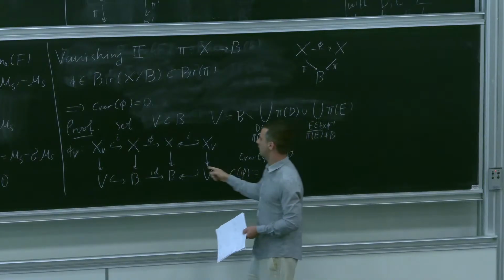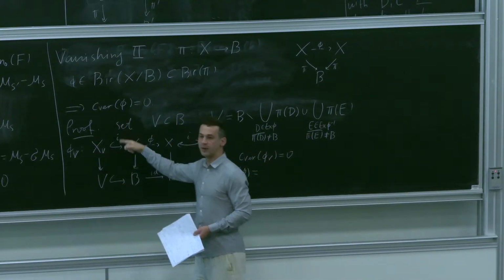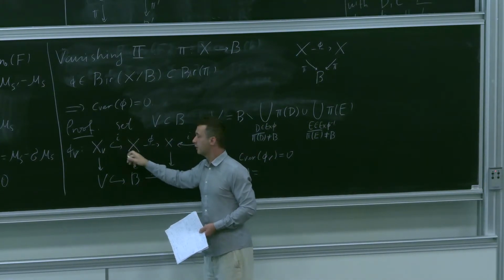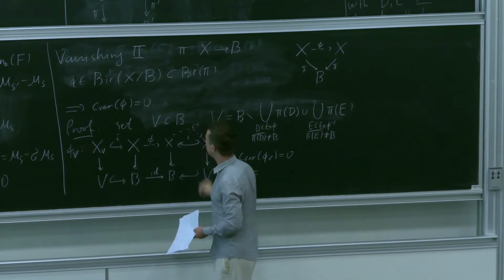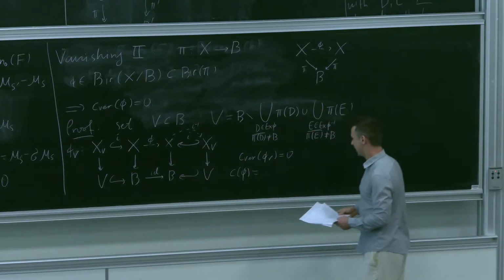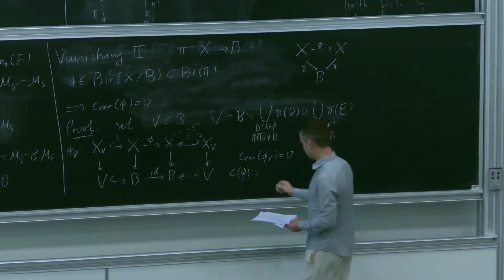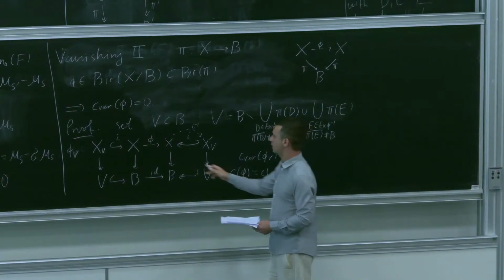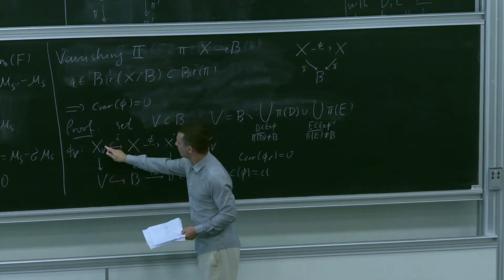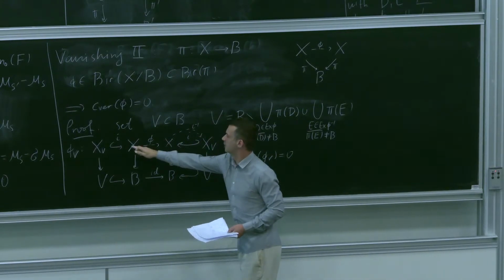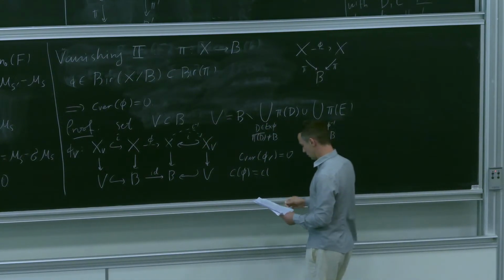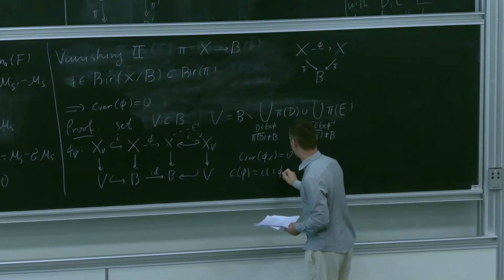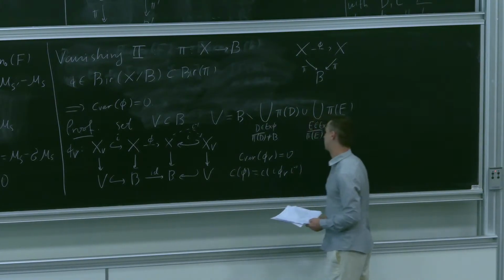Specifically, you can relate phi and phi V by conjugation with this I. There's an I inverse going this way, a bit funny birational map. And what we can write is that phi is, you can go here, and then back. All of these are birational isomorphisms, so we can invert them as we want. So I, phi V, I inverse.